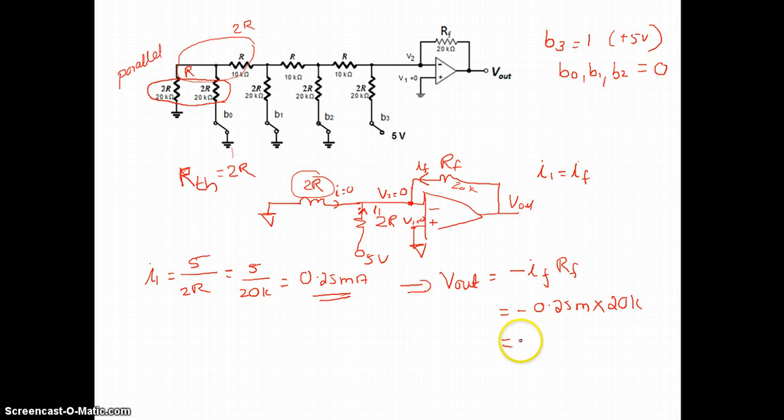It will come as around minus 5, 20 into 0.25 is 5, so minus 5 volt. So if the input is B3 equal to 1, that is 1 0 0 0, the corresponding analog voltage you will be getting is minus 5 volt for this input combination.